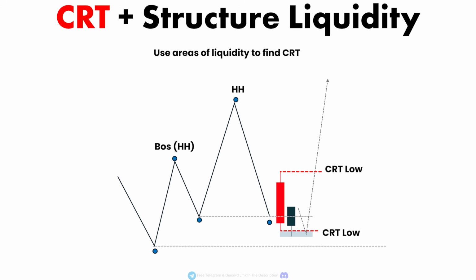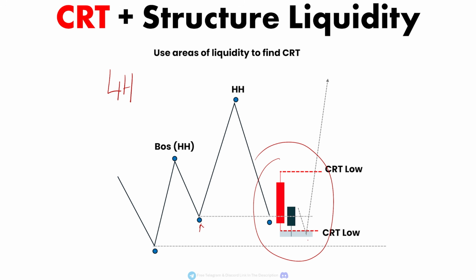So let's look at a structure plus liquidity, where you are most likely to use this CRT model to find those entries. Let's say this is the 4 hours time frame, and you see that price is breaking this low and then it's printing out this thing here.